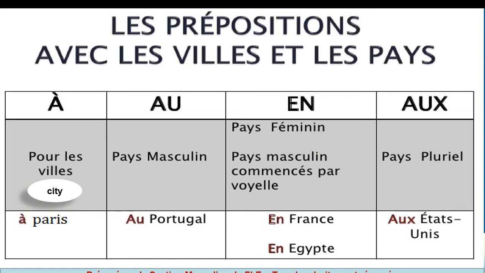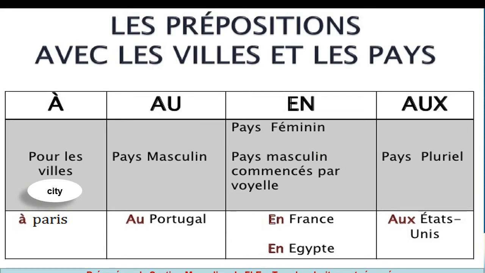So I say j'habite, for example, au 77 rue des 4 saisons, quartier Al-Malaz, for example, au quartier Olaya, à Riyadh. So before all the cities, I use à.